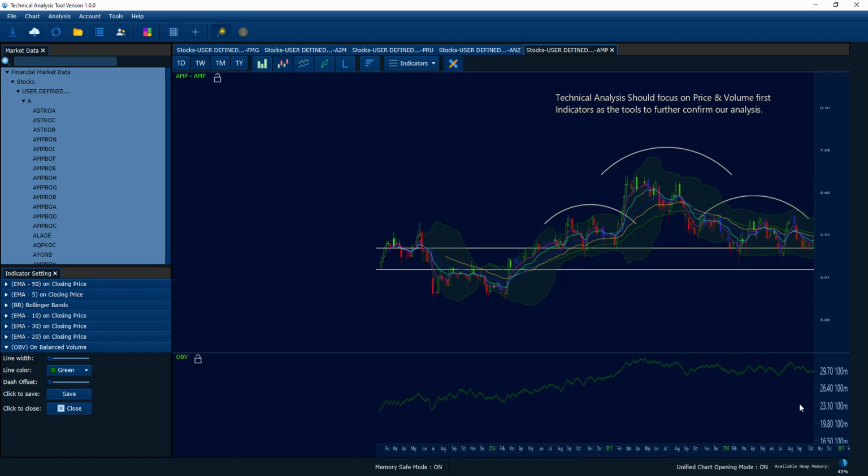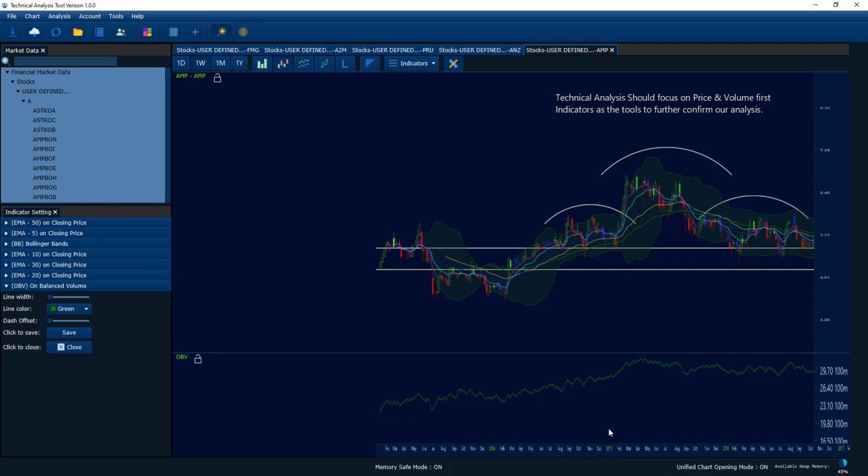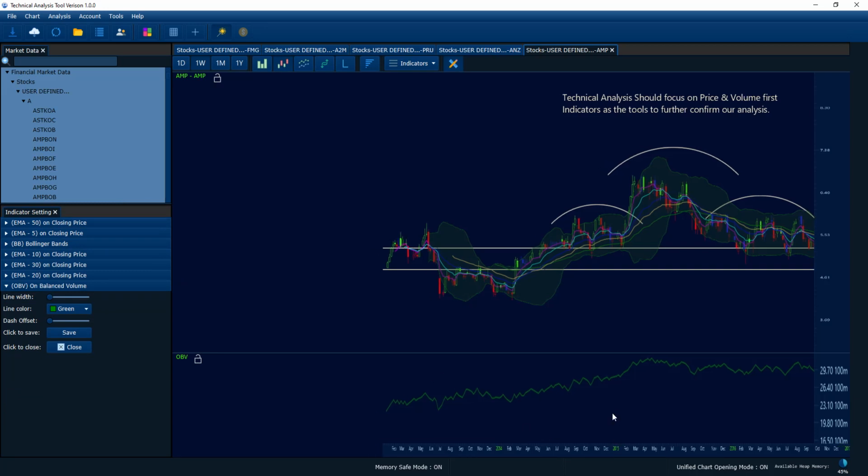So the purpose of this is to try to figure out some of these volume movements, and then we're using this volume movement to try to predict the price action, because some people say the volume moves before the price.